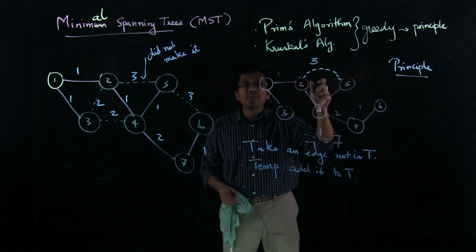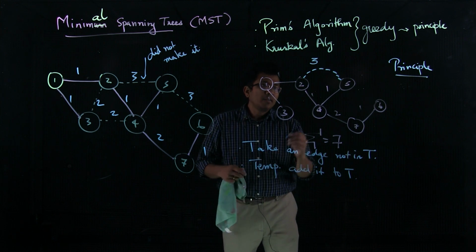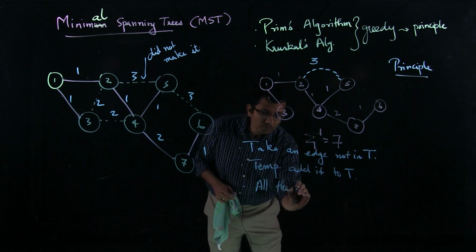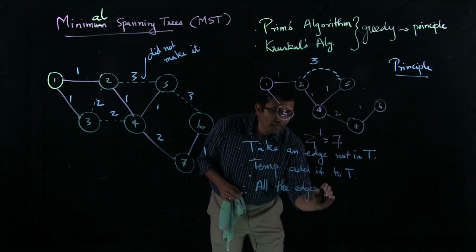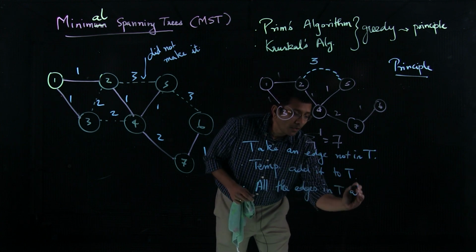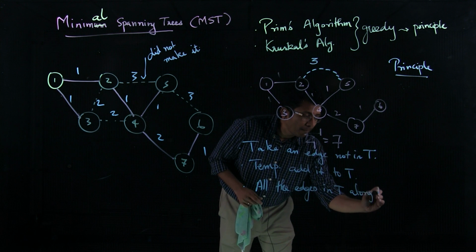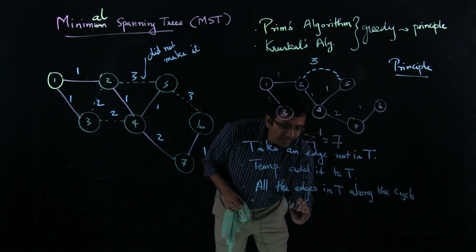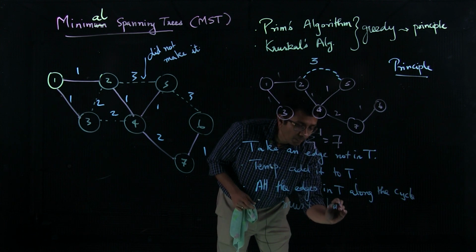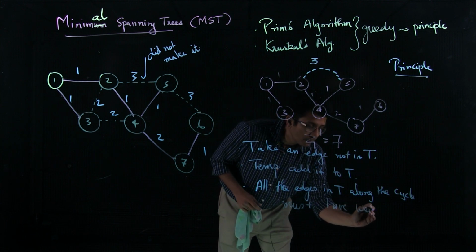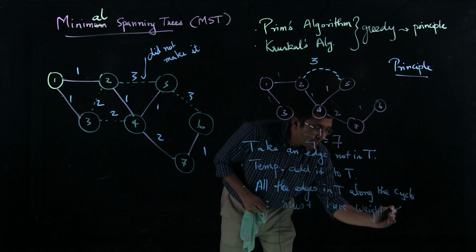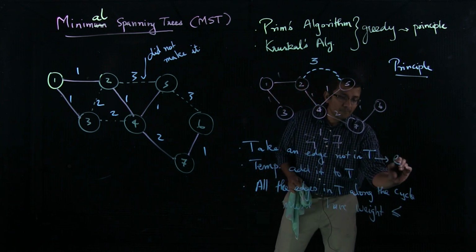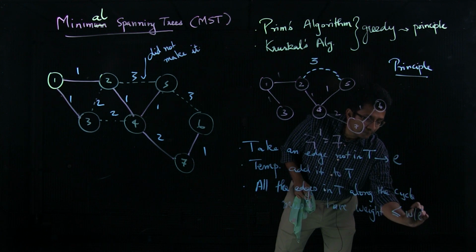The cycle is going to be from 2 to 5, right? Now, all the edges in T along the cycle must have weight less than or equal to the weight of e.